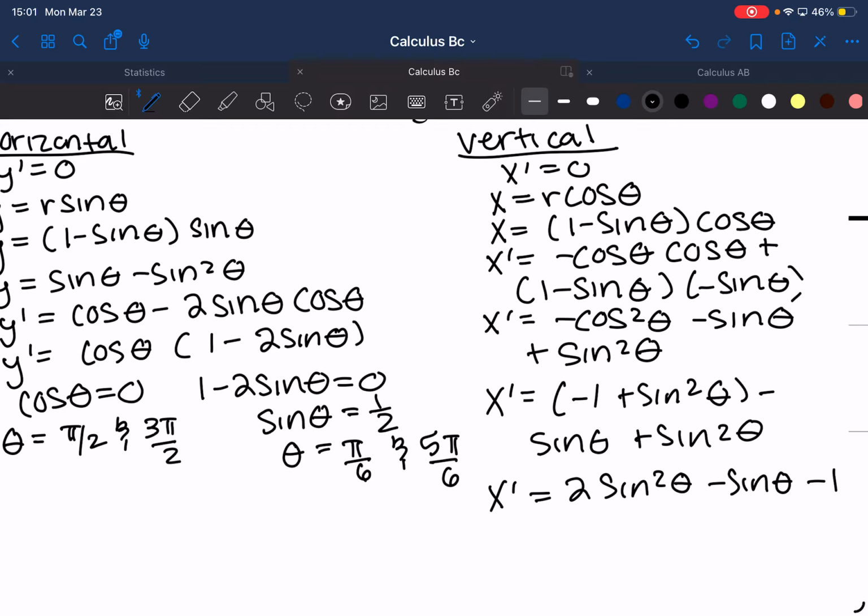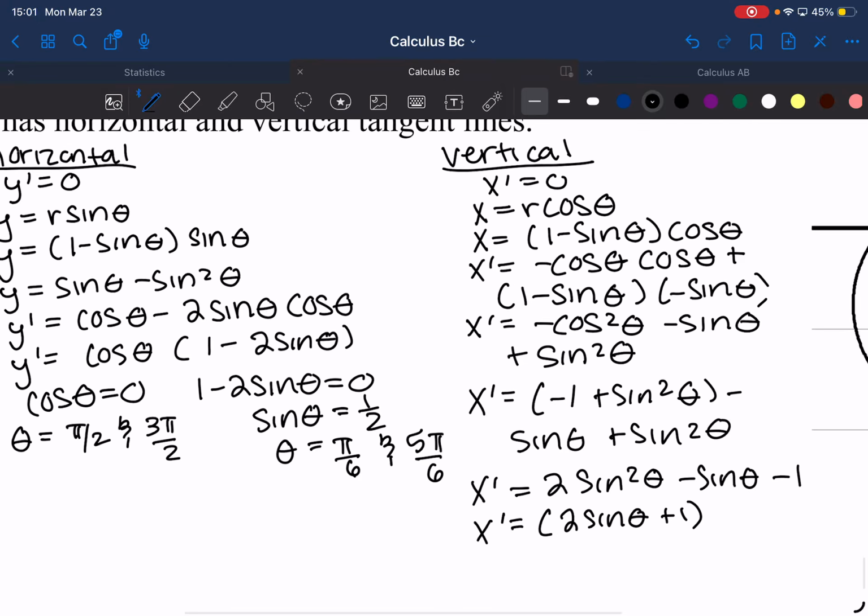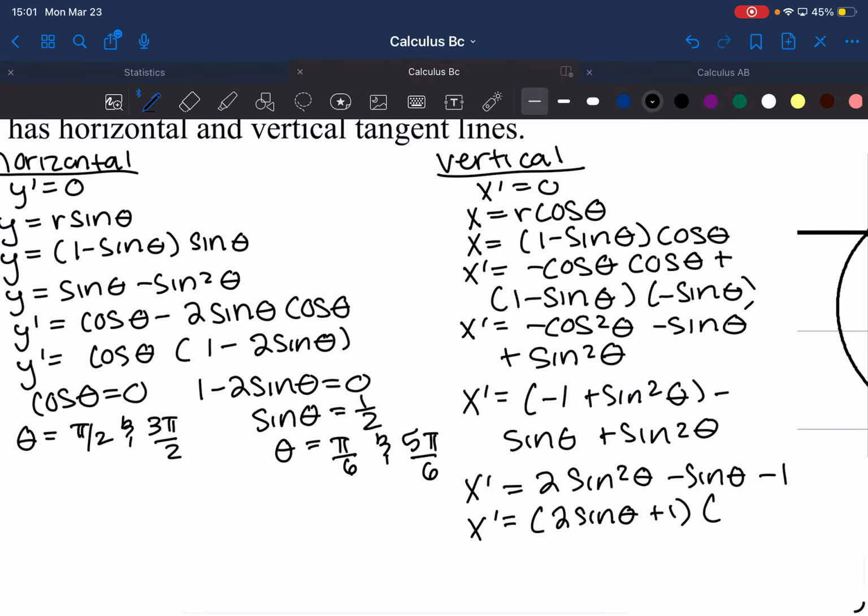And what you would end up getting are these two factors here, 2 sine theta plus 1 times sine theta minus 1. Okay. And remember, we want this equal to 0, so we would set them each separately equal to 0.